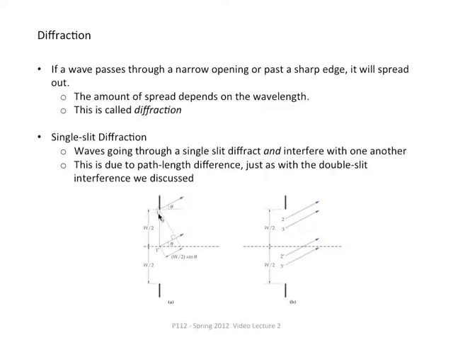Here we've called this wave 1 and wave 1 prime. The width of the slit we call W. And here, as you'll see in a minute, we've split this slit up into two segments down the middle, with even widths on either side, so each of these is W divided by 2.